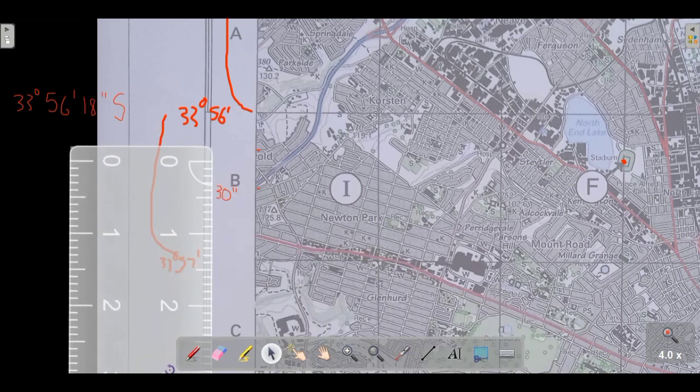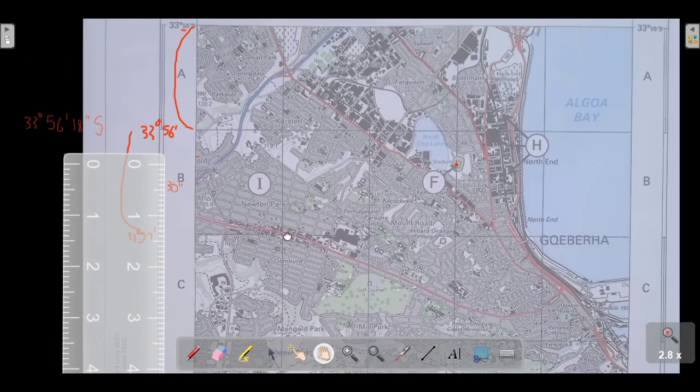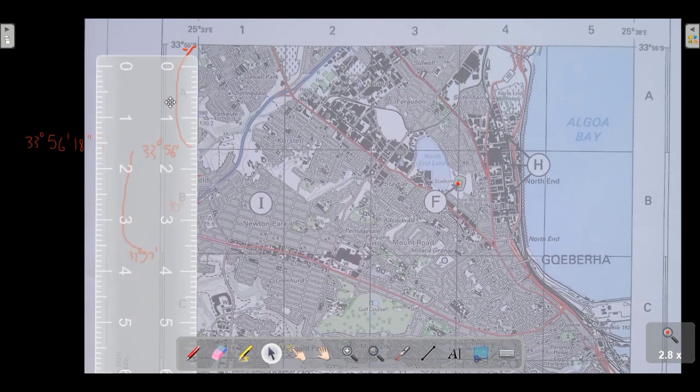So we have to ensure that our ruler is vertical like that, and this is how we're going to count. Okay, so this is 25 degrees 33 minutes, and this is 25 degrees 34 minutes, sorry about that.